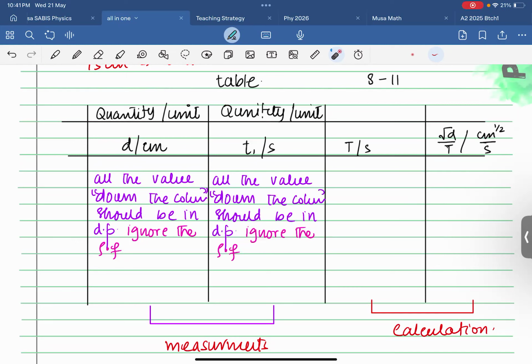A stopwatch may have different decimal places than the meter rule, or they both can be the same, but it doesn't matter. If you have two quantities measured from different apparatus, then obviously they are not related in terms of decimal places, right? Is that clear, guys? So just keep that in mind. This is the rule.